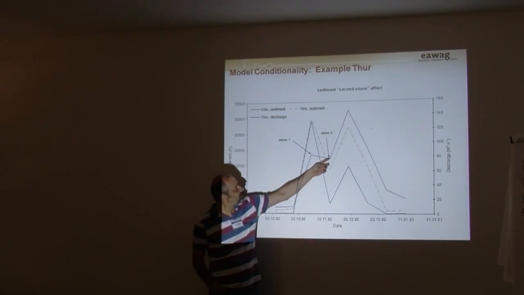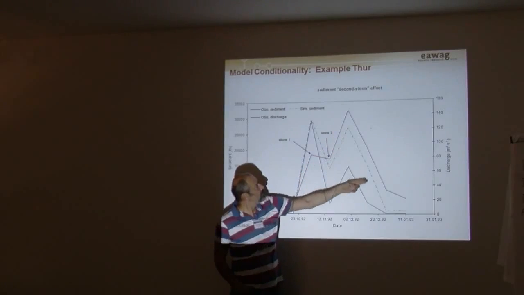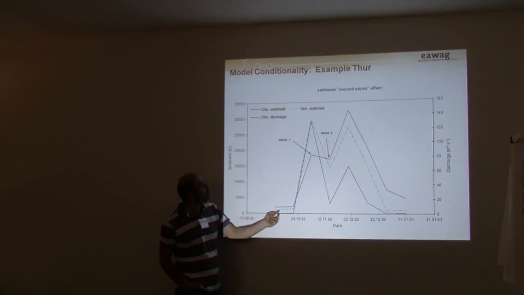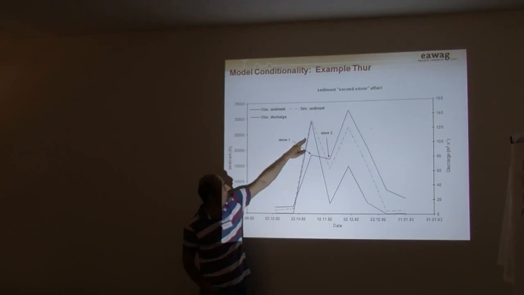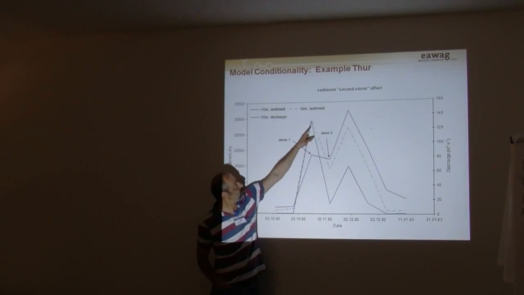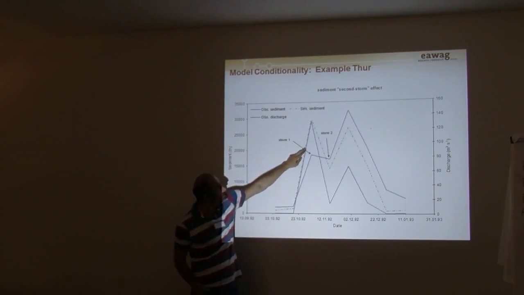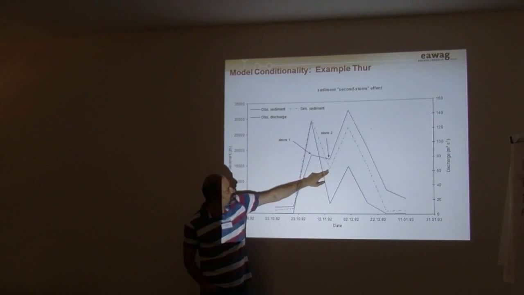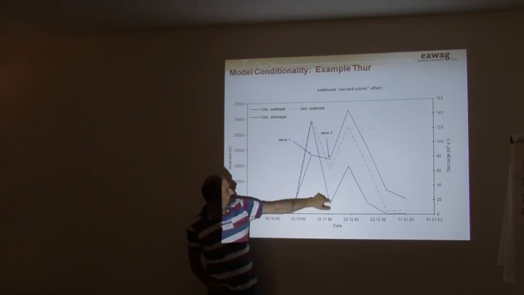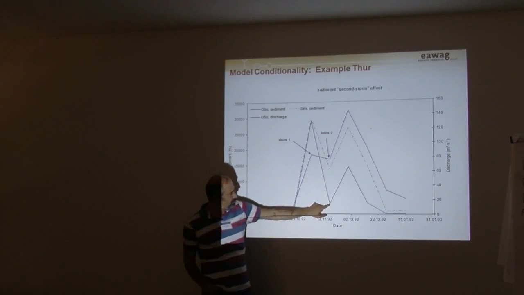Some days later, you get another storm. The dashed line is the simulated discharge, and the blue line is the observed. For the first storm, the observed and the simulated were quite good. But in the second storm, the simulation is over here and the observation is over here.